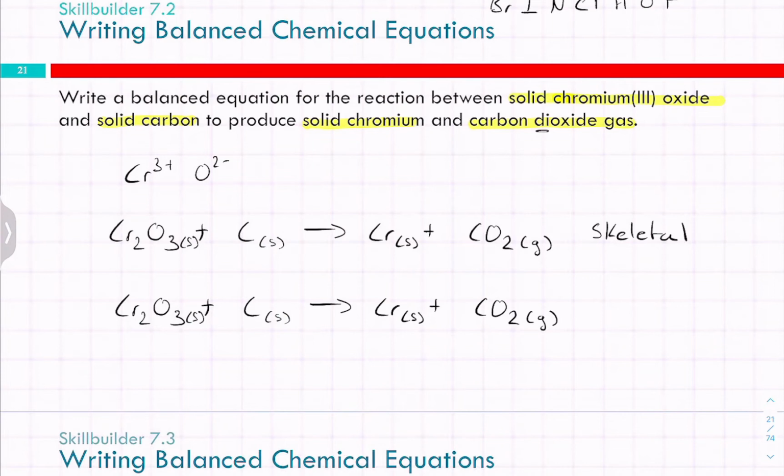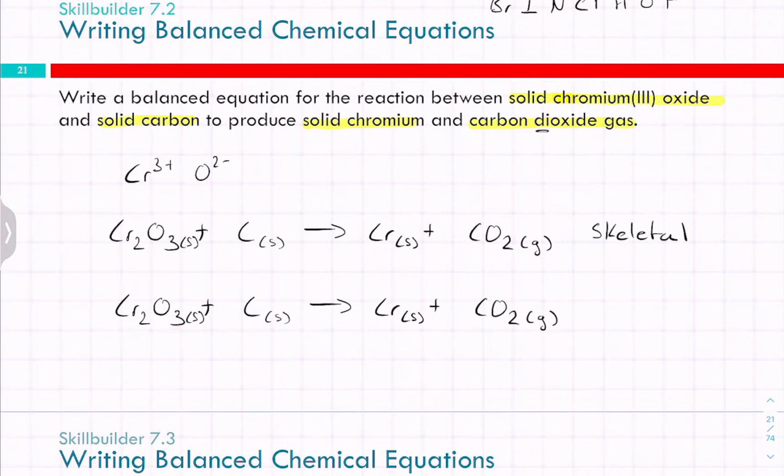There's 2. Chromium is one of them, and carbon is another one. And actually, oxygen also only exists in one compound on both sides.